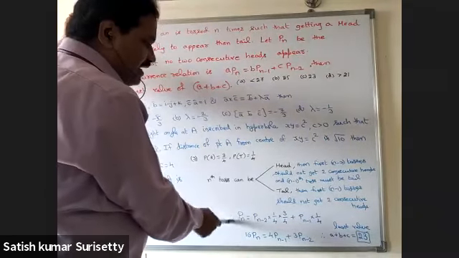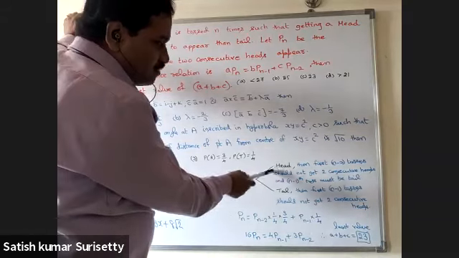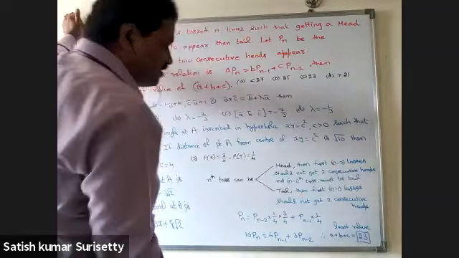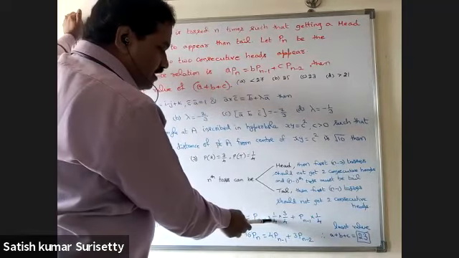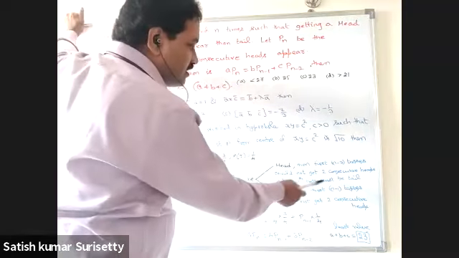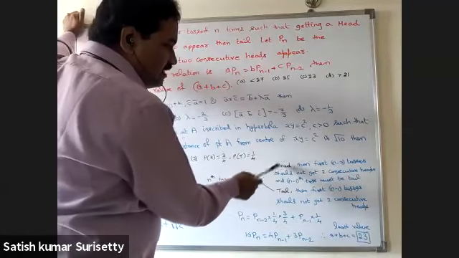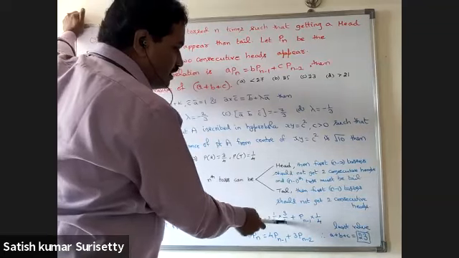That means Pn again can be written as, using the first part, first n minus 2 tosses should not get two consecutive heads, means Pn minus 2, into the n minus 1th toss must be tail, so the probability is 1 by 4, and the nth toss is head, so the probability is 3 by 4.